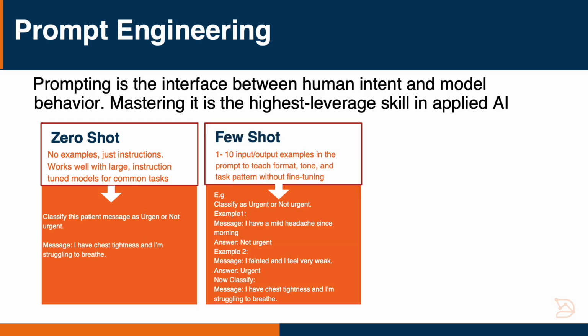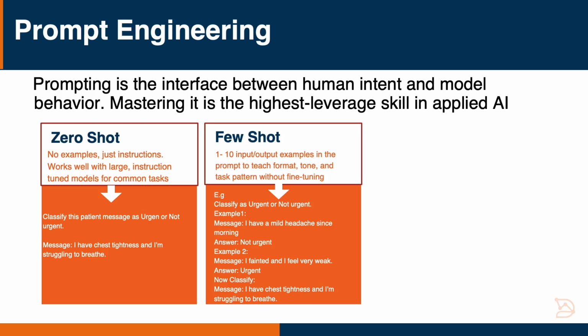Now, few shot is more of training a kid. When you are a teacher, you teach a kid, you give them a few examples, and then you give them exercises. So few shot prompting is when you give a few samples or examples and the answers to the LLM, and the LLM would be able to give you a final answer if you ask a question without providing the answer.